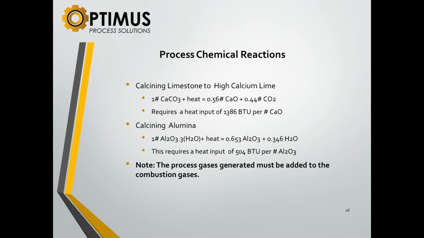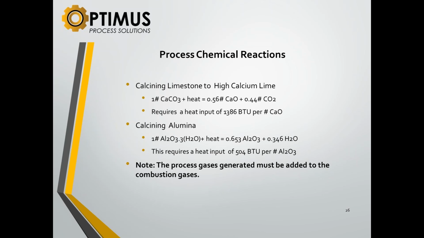But essentially you're taking limestone, which is CaCO3, a high cal limestone. Apply heat to it. For 1 pound of limestone, you get 0.56 pounds of calcium oxide, which is lime, and you get 0.44 pounds of CO2.